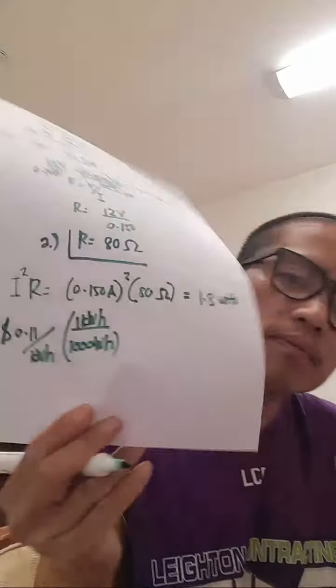Convert first this kilowatt hour to agree with the 1.8 watts in our power that we already solved. So 1 kilowatt hour is equal to 1,000 watt hour.